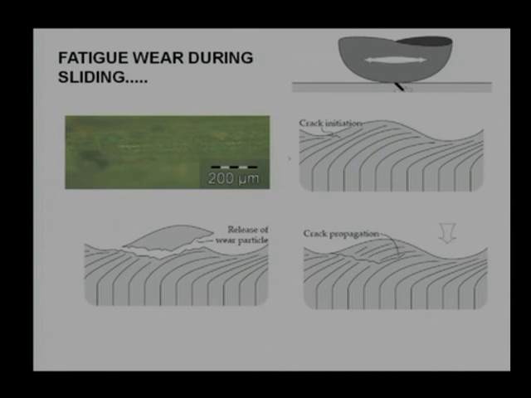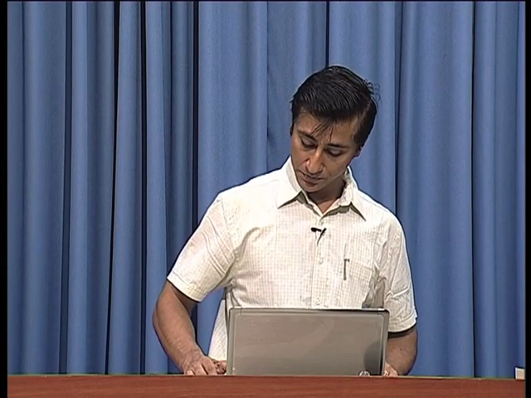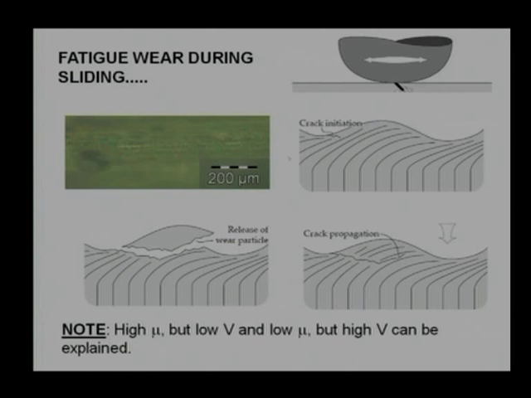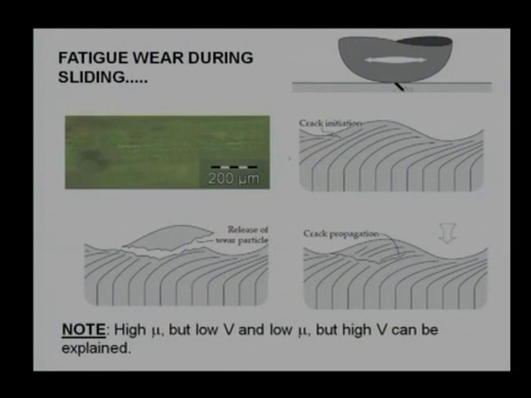More tangential load means more crack formation and more wear particle generation. So, when we understand this kind of mechanism, we can now explain one slide which we saw in a previous lecture, where a high mu, a high coefficient of friction, but low wear volume was estimated for some materials.